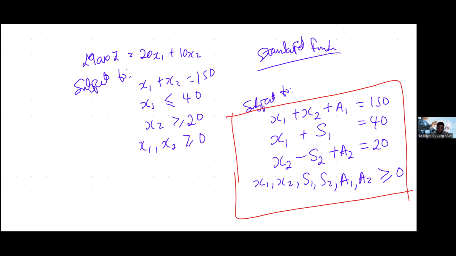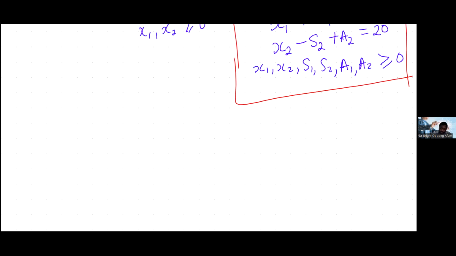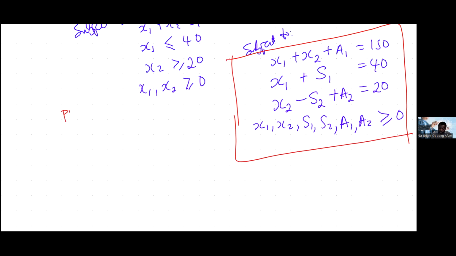So what do we do? We said we have two phases. So in phase one, we have to solve the problem as a minimization, right? So solving the problem as a minimization, we minimize the function and we use the artificial variables.